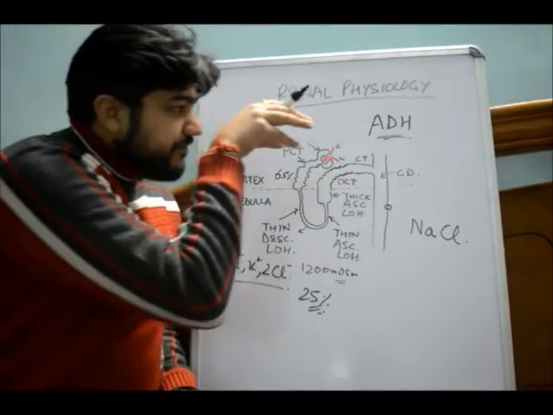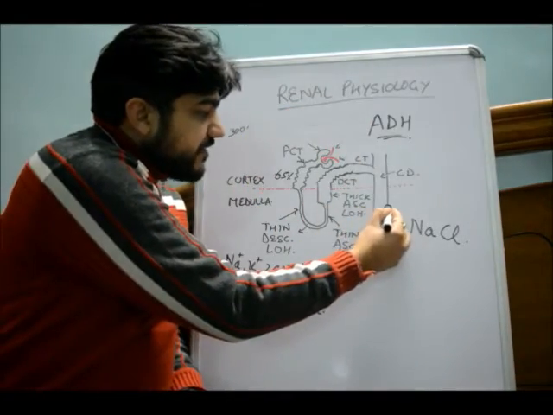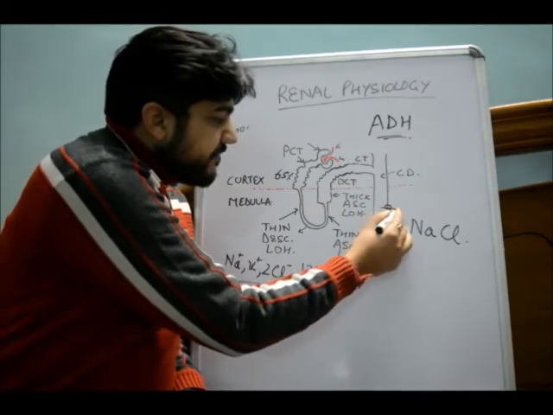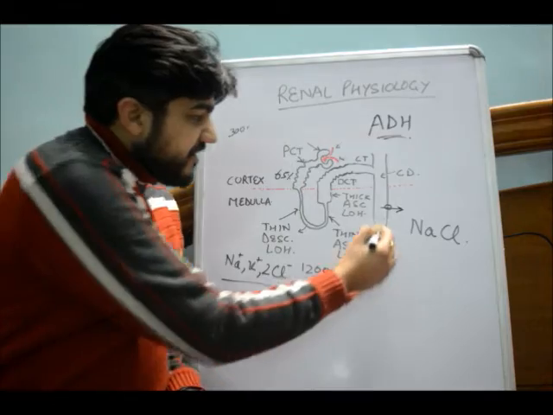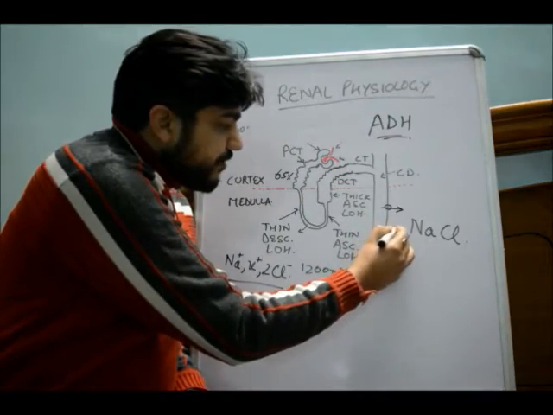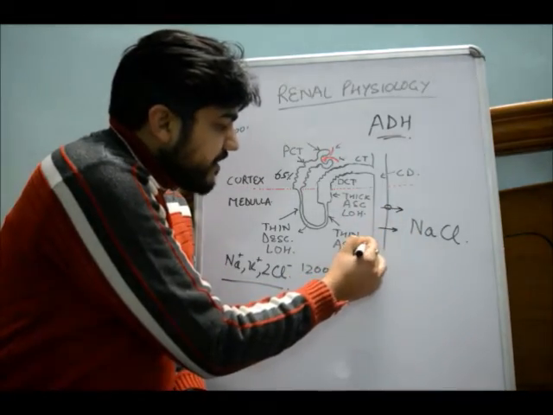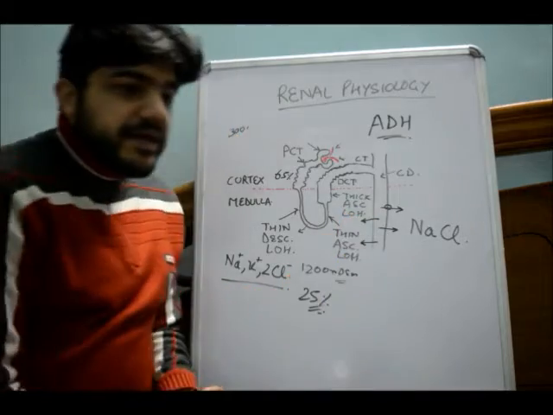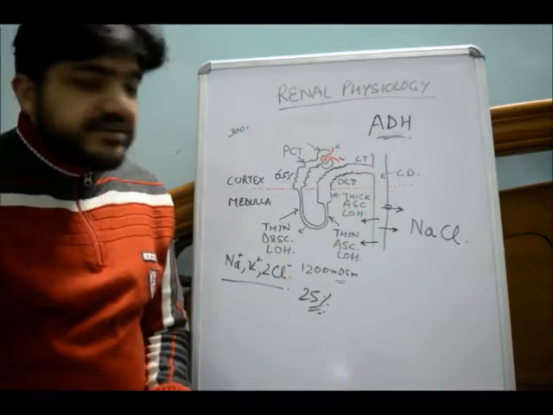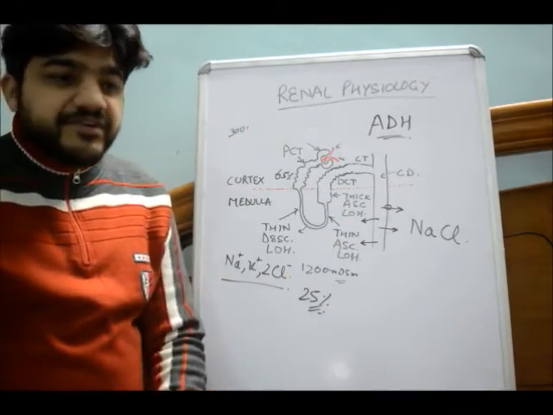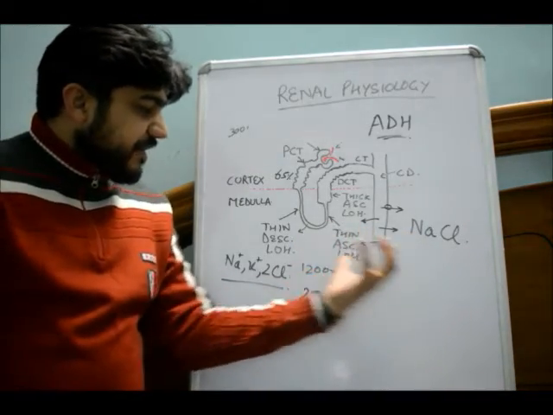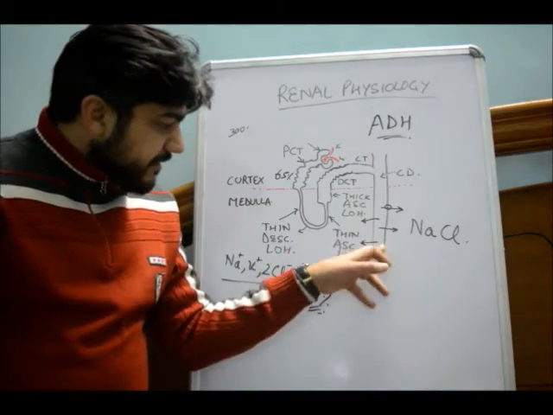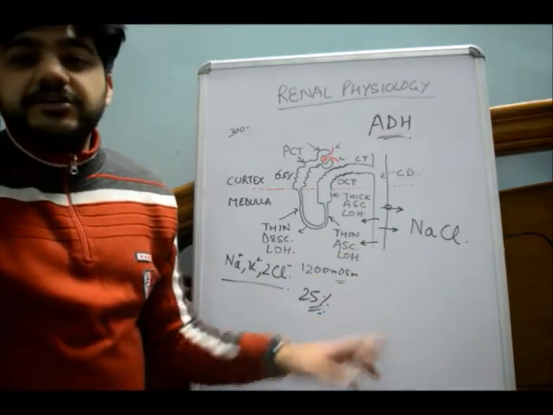So whenever you give ADH, these pores will open up, and then water will move in the direction of its concentration gradient from a dilute to a more concentrated solution. So it will go out, and the ultimate result will be formation of a concentrated urine, because all the water would have been absorbed into the medulla, and ultimately a concentrated urine will be formed.